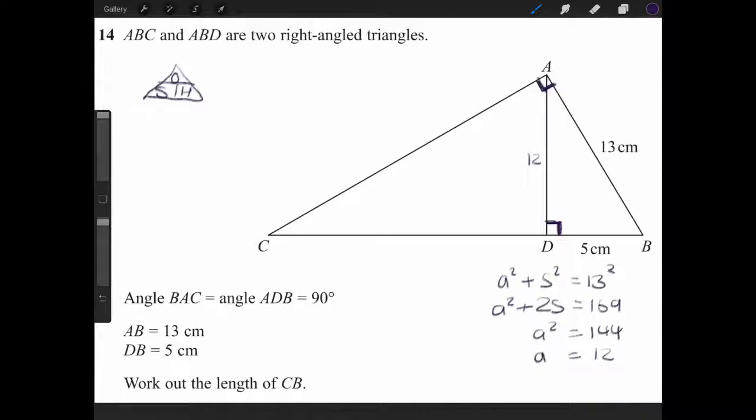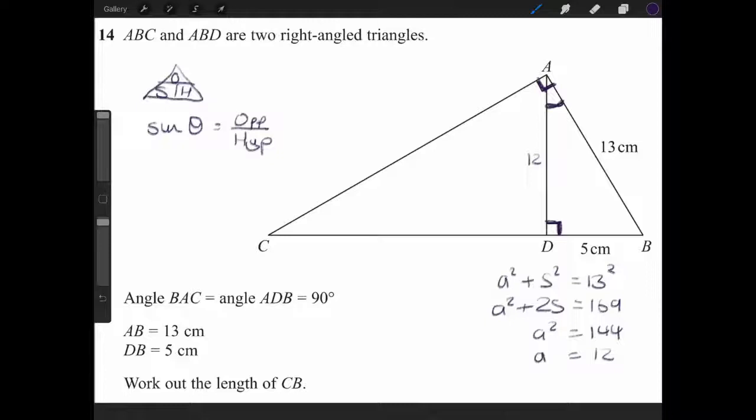So when I look at this, I want this angle here. Okay, this is what I'm going to try and find. So if I find this angle here, then the sine of the angle is opposite over hypotenuse.